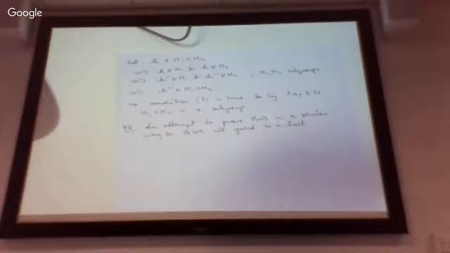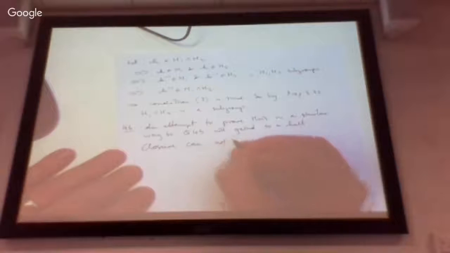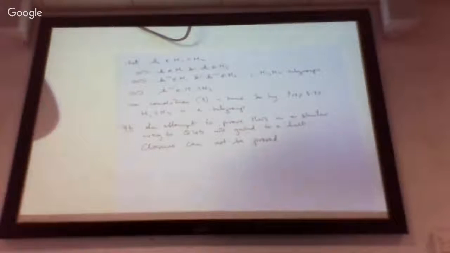The inverse axiom does go through. If the union contains an element G, G is in one of the sets, so therefore the inverse will be in that subgroup as well. So therefore, the inverse will be in the union. Okay? But it's the closure one which falls down. Closure cannot be proved, well, it cannot be proved in such a quick, easy way as we did in question 45.